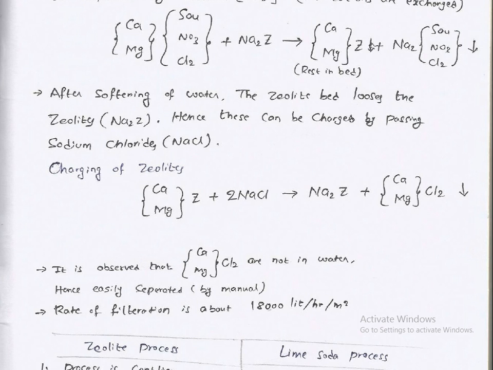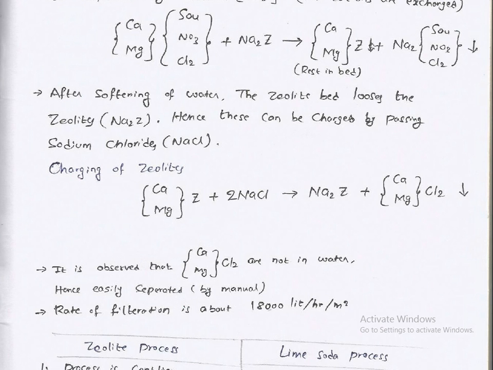Zeolite process: the process is costlier. Lime soda process is economical. Zeolite is compact and small, whereas lime soda is bulky and large. In zeolite, no sludge is formed; in lime soda, a large quantity of sludge is formed.